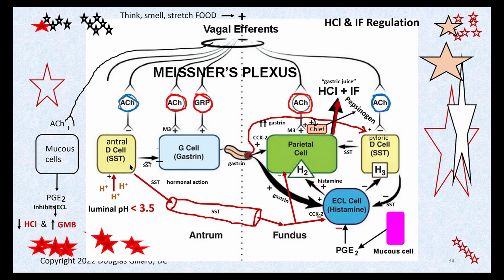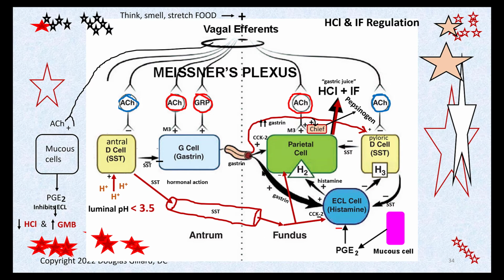Somatostatin swims over, binds to G cells and shuts down gastrin production. Somatostatin is a hormone. It also gets in the blood, and it can go all the way over and shut off ECL cells, and it can also bind to parietal cells and shut them off as well.